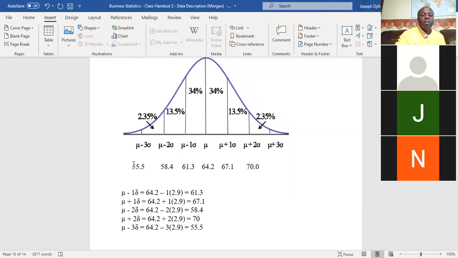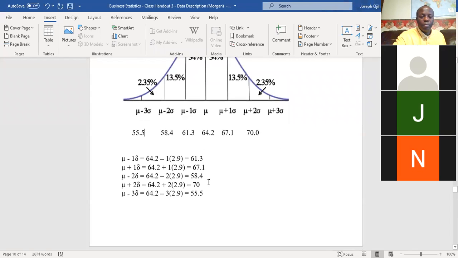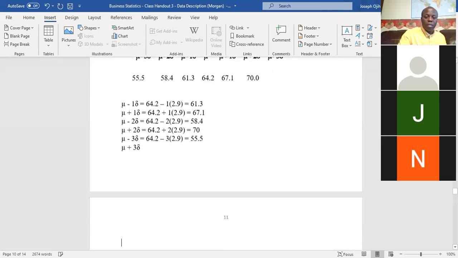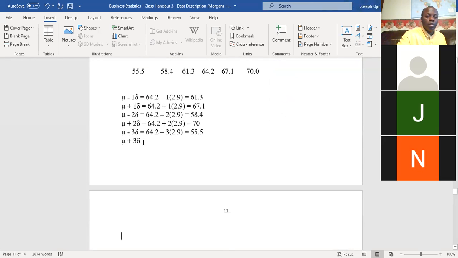Now we'll repeat the same process to get the last one: mean plus 3 times standard deviation, which equals 64.2 plus 3 times 2.9.